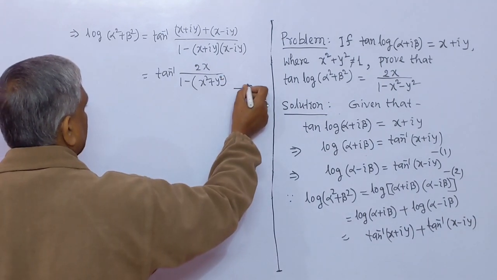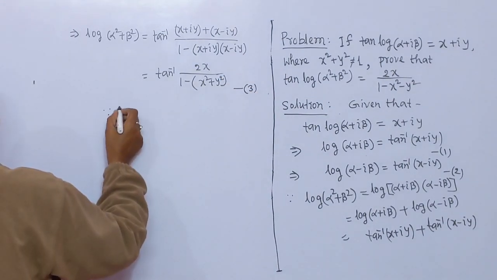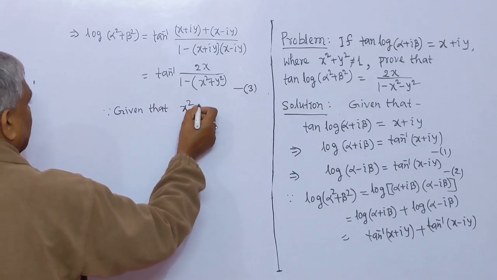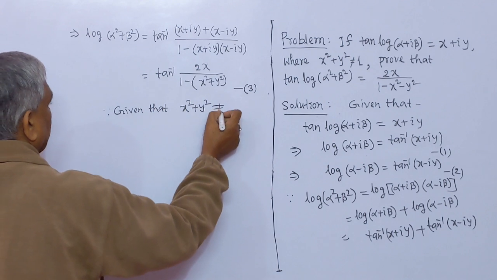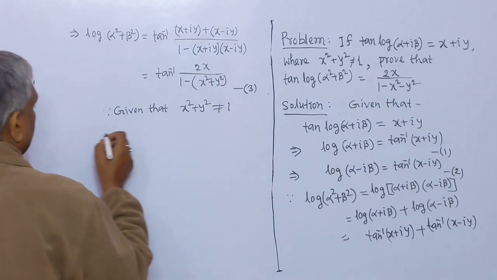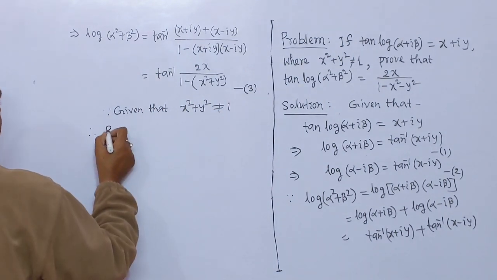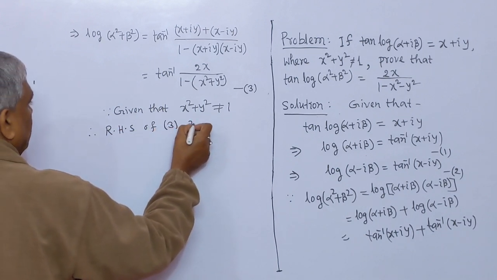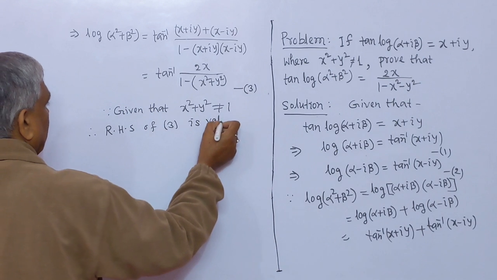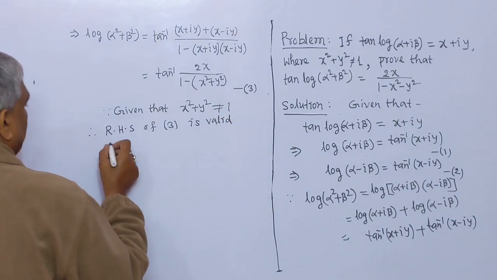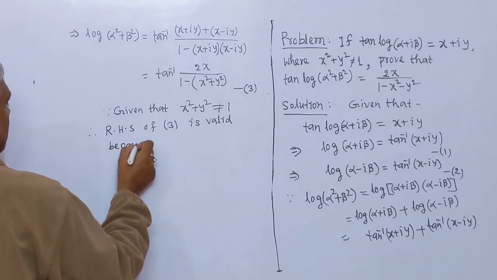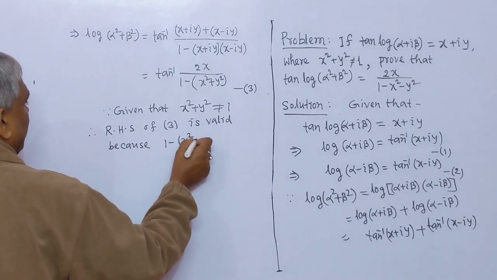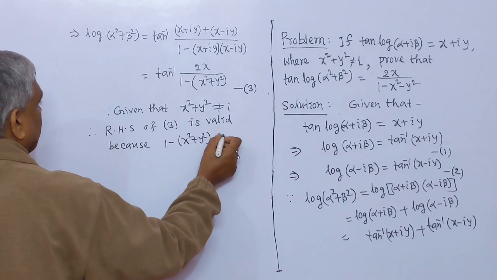This is number 3. Since given that x² + y² is not equal to 1, therefore the right side of 3 is valid, because 1 − (x² + y²) is not equal to 0.